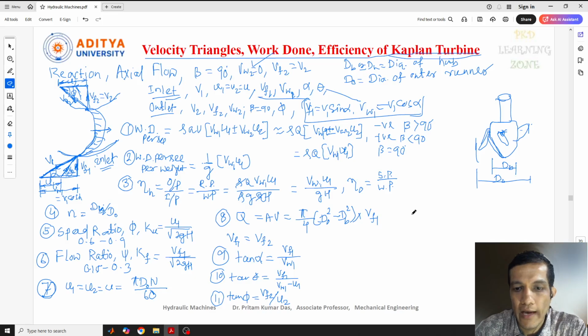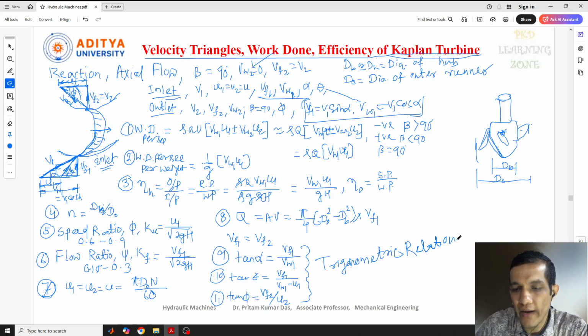So here I have covered many of the formulas, and these are called the trigonometric relations. These are trigonometric relations which will help us to identify the answer.